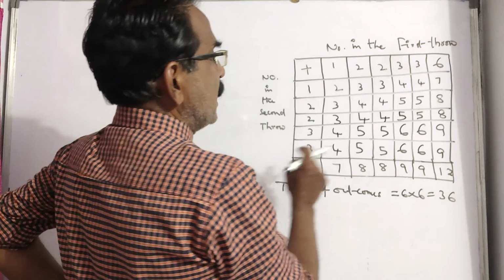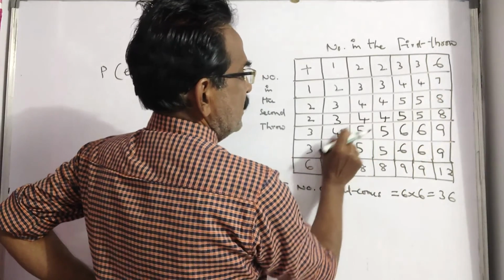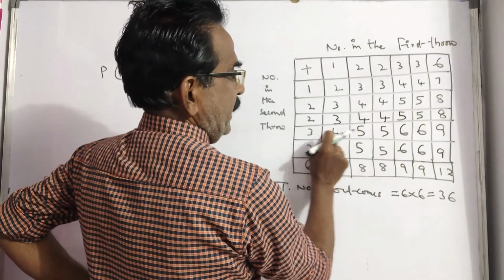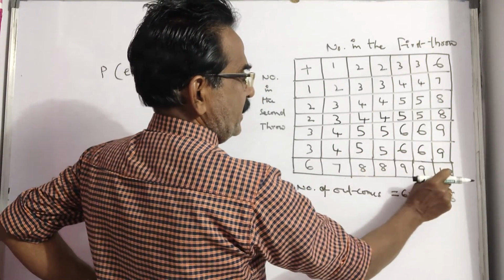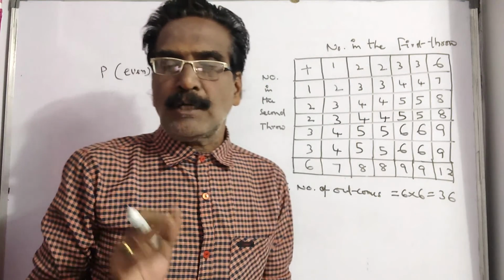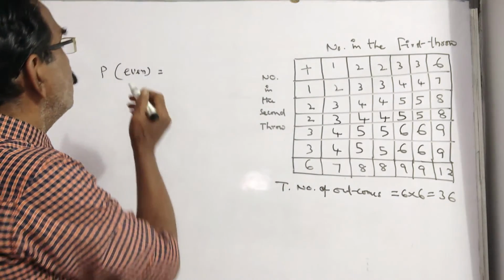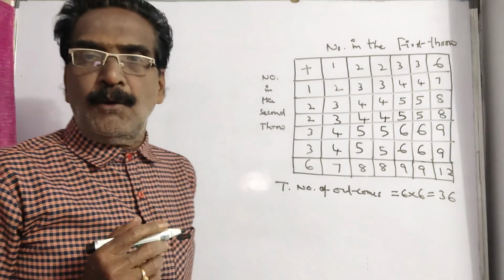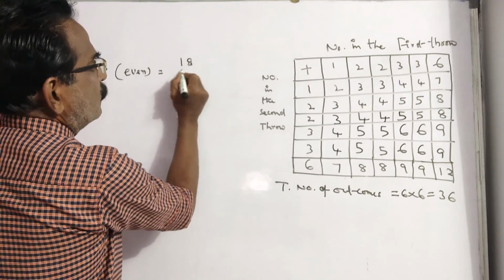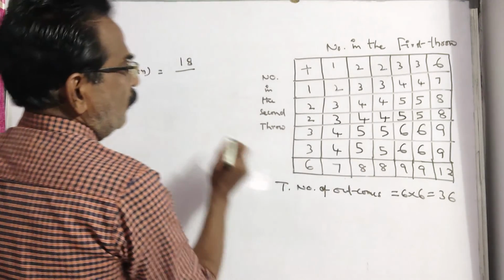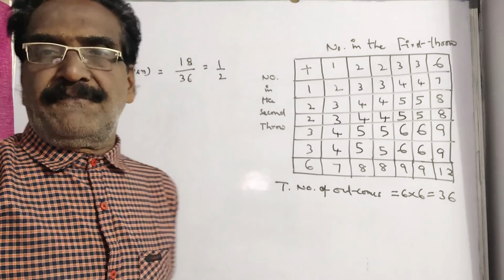Let us count. 1, 2, 3, 4, 5, 6, 7, 8, 9, 10, 11, 12, 13, 14, 15, 16, 17, 18. So 18 outcomes. In 18 outcomes, the sum is even. So the probability of an even sum: favorable outcomes, which we have counted, is 18, total number of outcomes 36. 18 by 36, 1 by 2 is the probability for the first question.